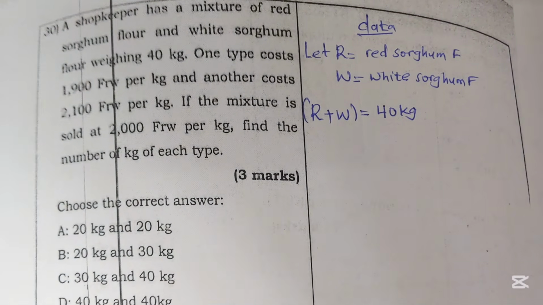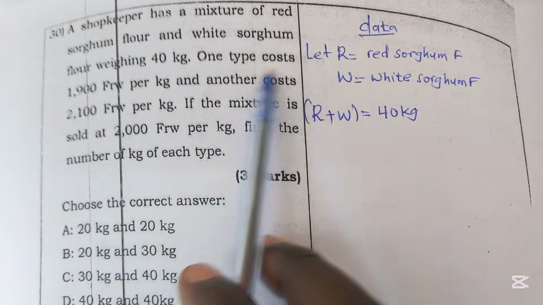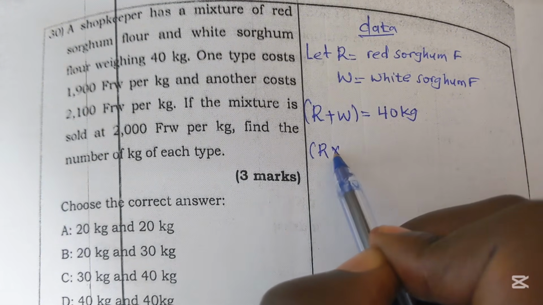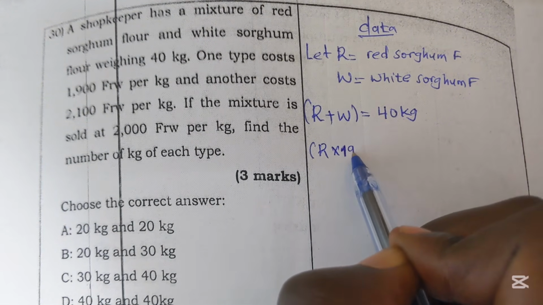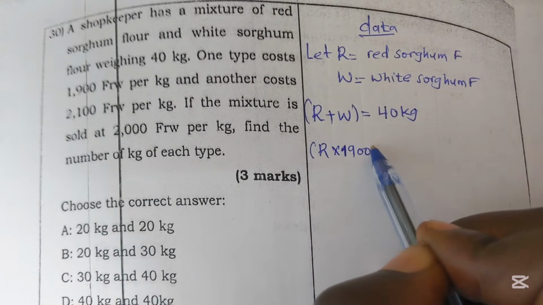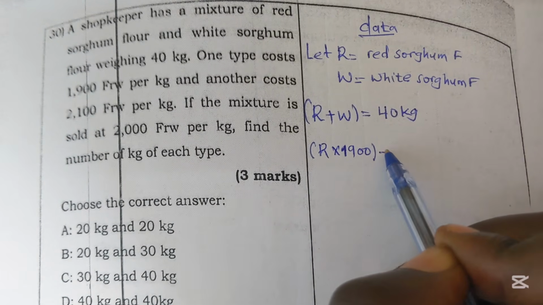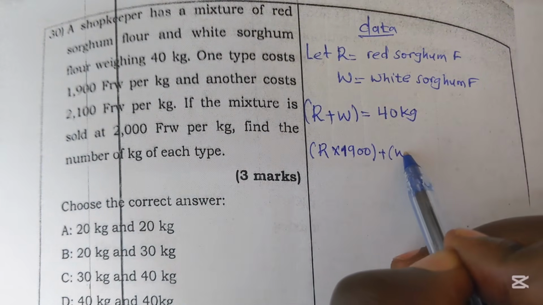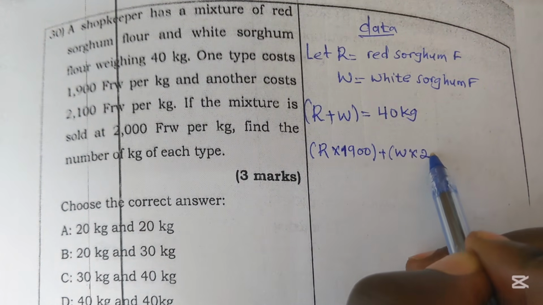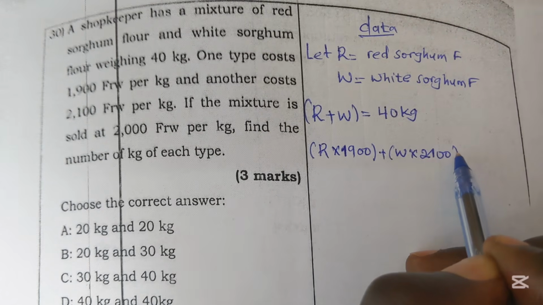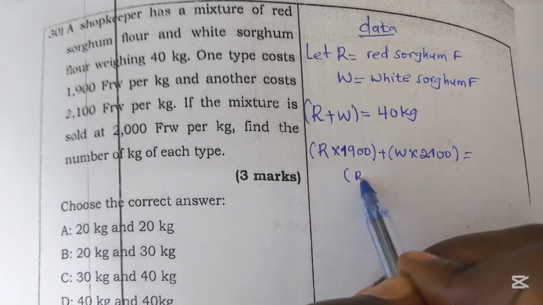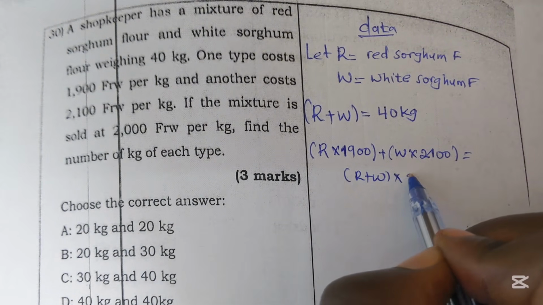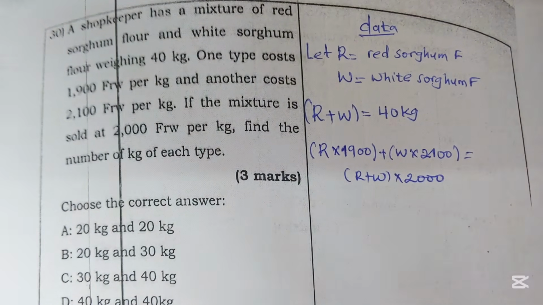Then we know that one type costs this much. If you take the amount of kilograms times the cost of a type, 1900, then plus another type, W, times 2100. It can be cost W plus, meaning this is a mixture, times its cost is 2000.